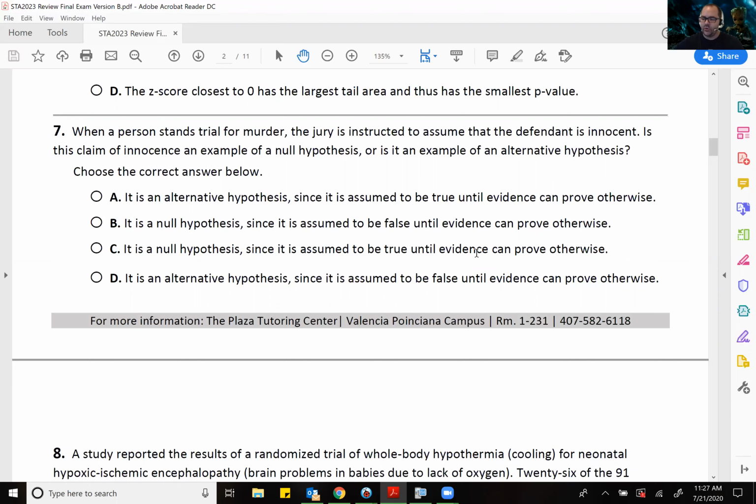A null hypothesis since it is assumed to be true until evidence can prove otherwise.